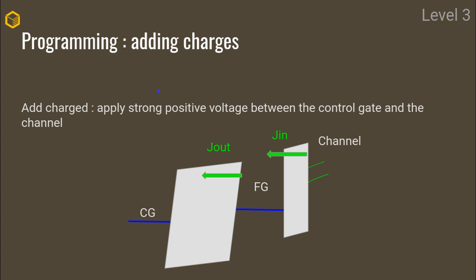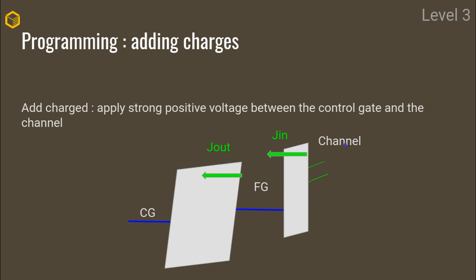Don't worry, we're nearly done. So how would I do this? Well, let's say that I wanted to program. Programming means adding charges. Let's say that originally I was in a logical 1 state, so there were very few charges on my floating gate. If I wanted to add charges, then I would apply a very strong positive voltage between my control gate and my channel, which is here.